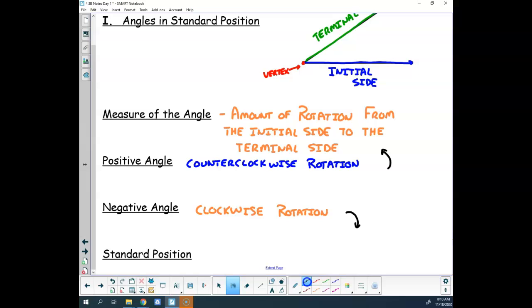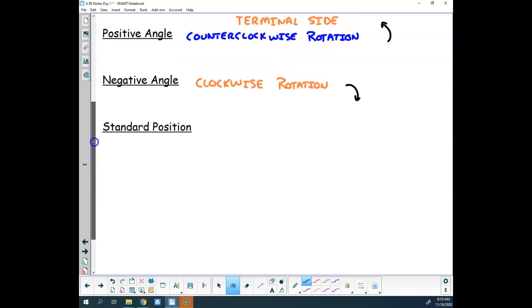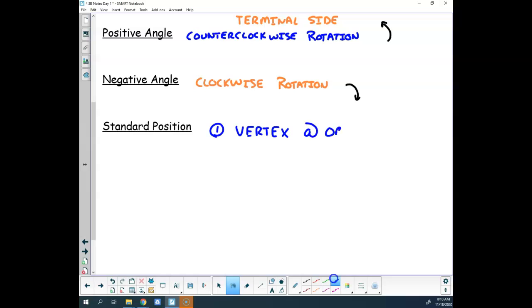The main point today that I want to make about an angle is what is called the standard position of an angle. So the standard position of an angle has two key components. First, it has the vertex at the origin, the point (0, 0).